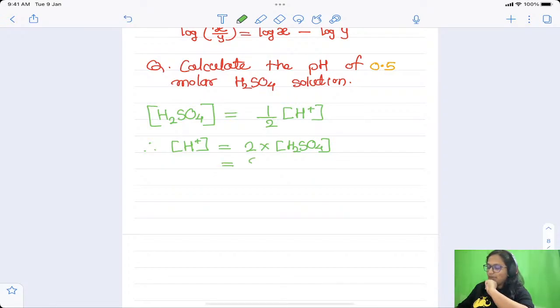It is equal to 2 multiplied by 0.5, and that is equal to 1 molar. Okay, so 1 molar is the concentration of this one, right?